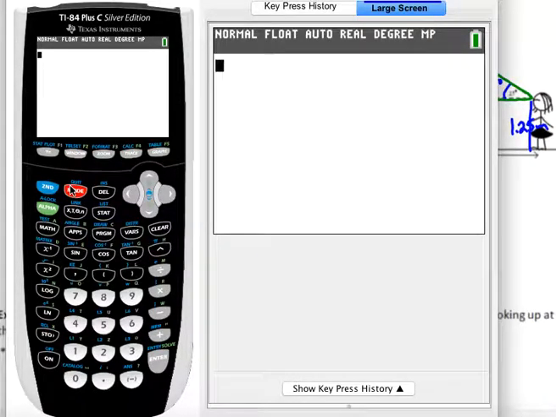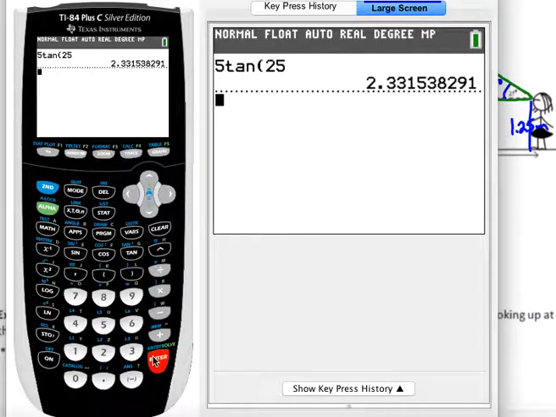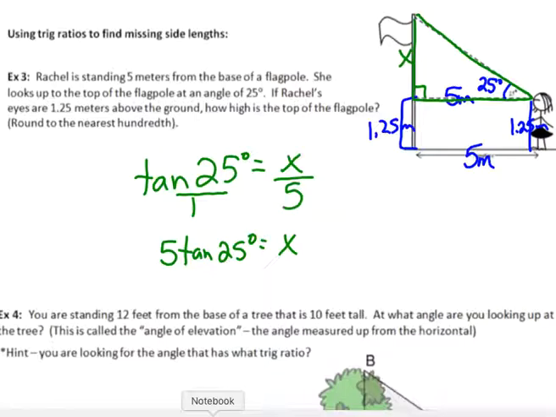And so then I'm going to proceed with doing 5 tangent of 25 degrees. So my other side, 2.33. This is in meters.